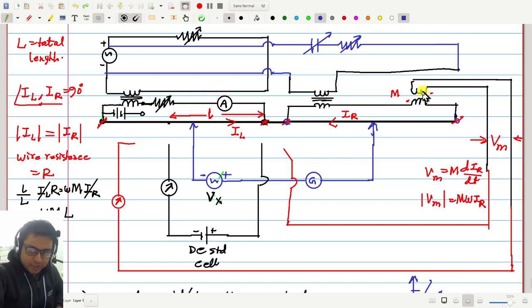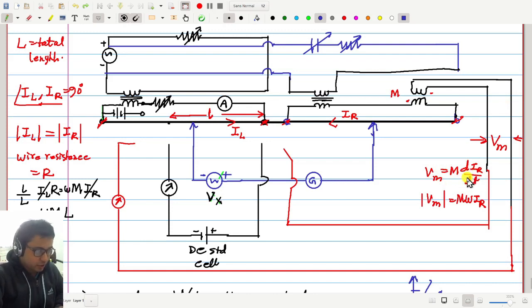No matter whether you are taking iron core or air core, both of them have self inductances, but that is not a problem at all because at balance no current is flowing here. That is the beauty. But the problem with iron core is that this relationship will not be exactly valid because you might have studied about hysteresis.